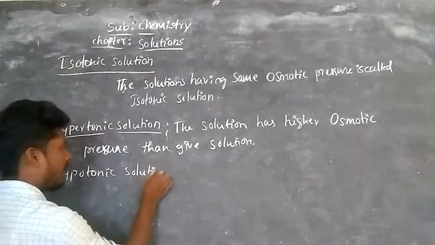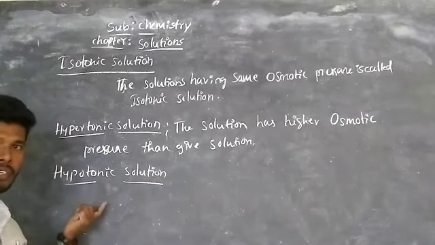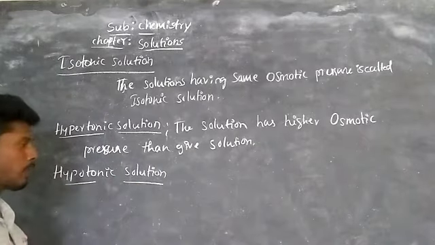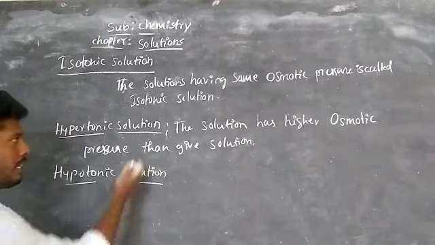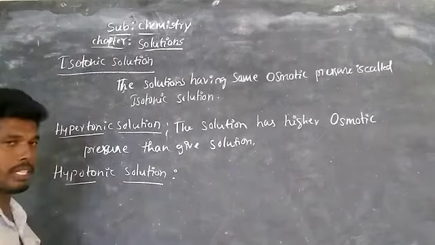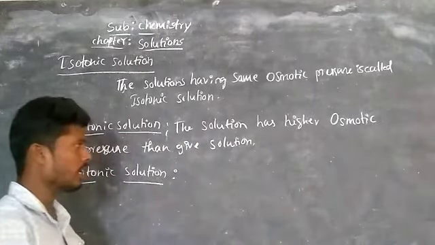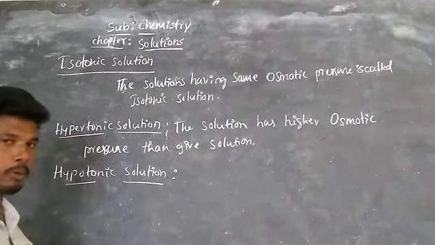So here we are learning different types of solution based on osmotic pressure. Now take the third one, hypotonic solution. It is defined by the same kind of definition. That is, a hypotonic solution is defined as the solution that has lesser osmotic pressure than the given solution. Called what? Hypotonic solution.